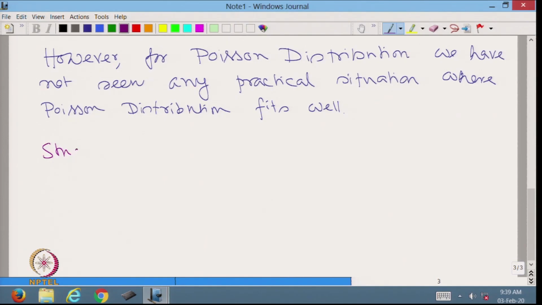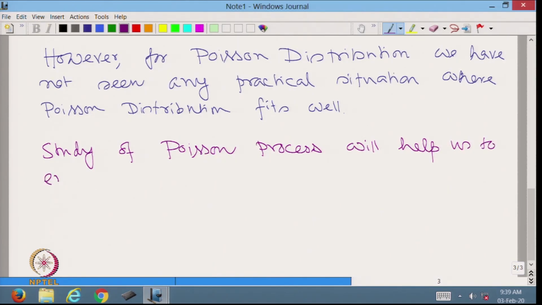Study of Poisson process will help us to envisage one such application.